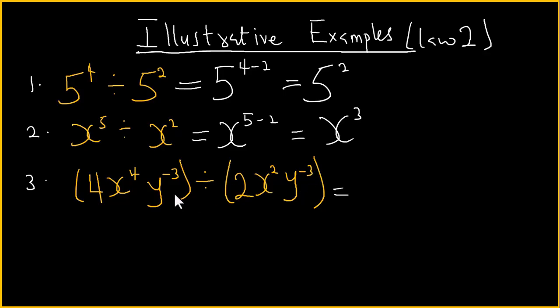So we divide the coefficient, which is 4 divided by 2, and then x to the power 4 minus 2. So we have x to the power 4, we have x to the power 2. So x is picked, and since the operation is division, we have 4 minus 2.